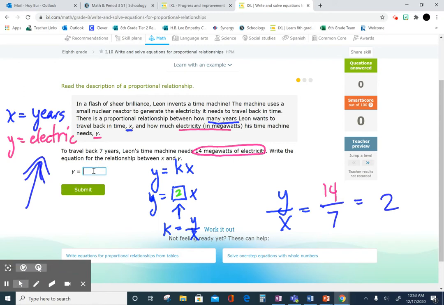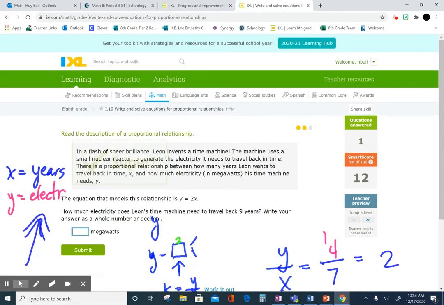So let's type that in, 2x. We got 2 because 14 megawatts, our electricity, divided by 7 years. All right, please rewatch that because that took a lot of time to explain those steps, okay?